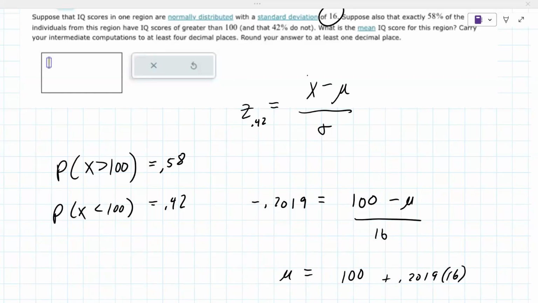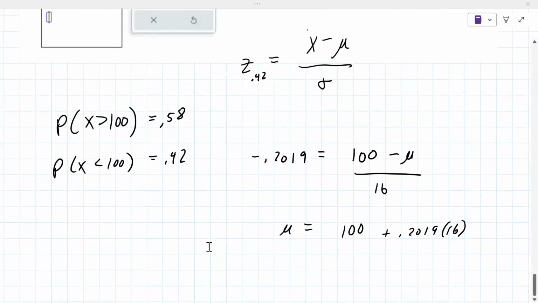So that ends up being 103.23 when it's rounded.